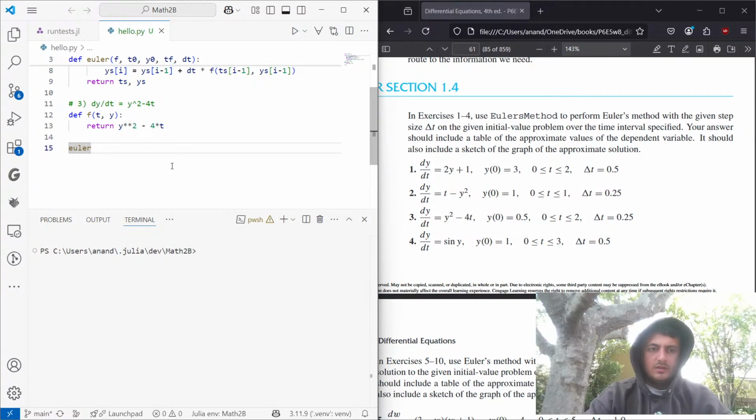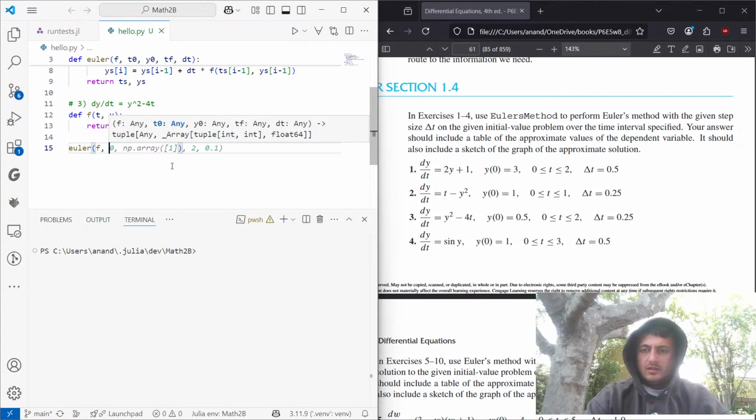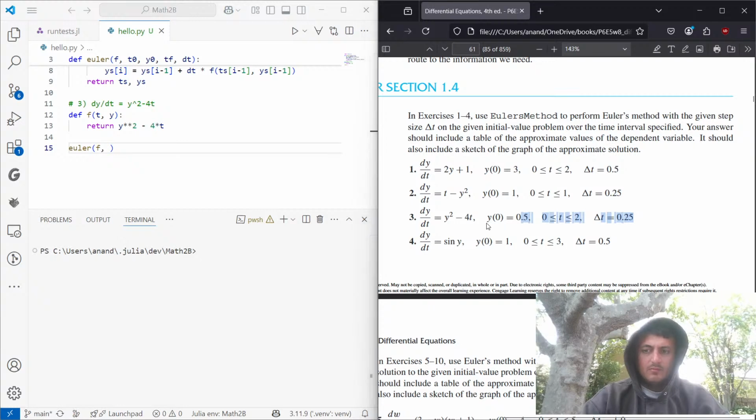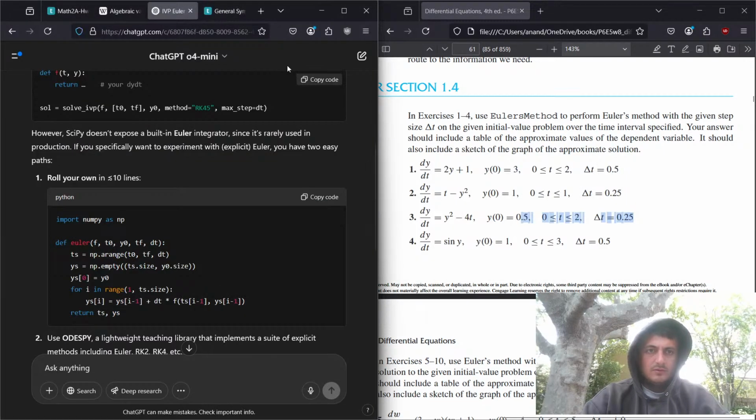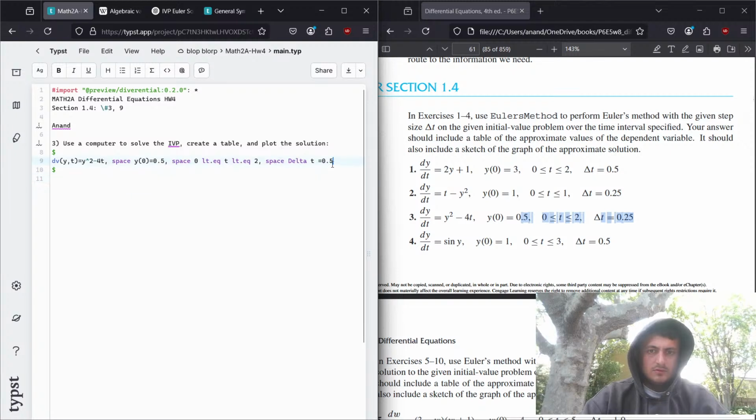So this is going to be f, t0. Oh, wait, I got this wrong. Delta t is 0.25. Okay, so 0.5, 0 to 2.